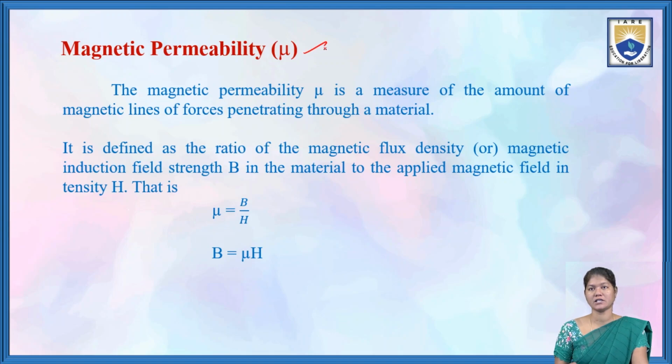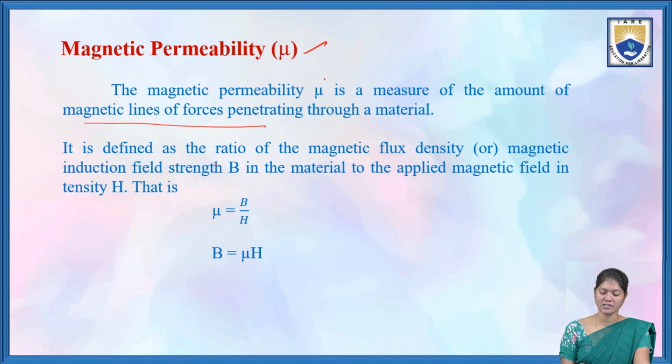Magnetic permeability, which is denoted by mu. The magnetic permeability is a measure of the amount of magnetic lines of force that are penetrating through a material.